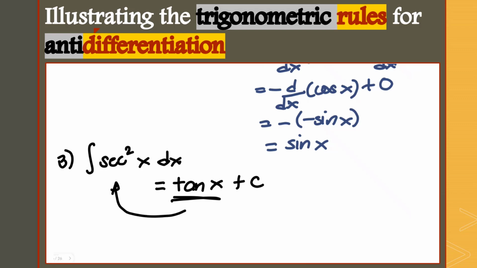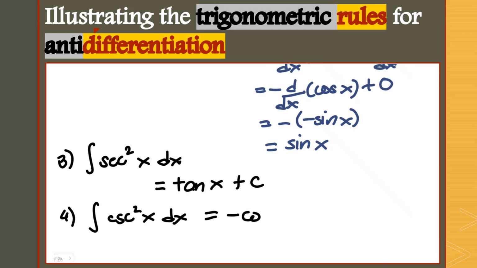We also have the integral of tangent x itself, but we will have that in another example later on, because we are to prove that equivalence. Let me simply continue. The next one, the integral of cosecant squared x dx, is equivalent to the negative of cotangent x plus c.